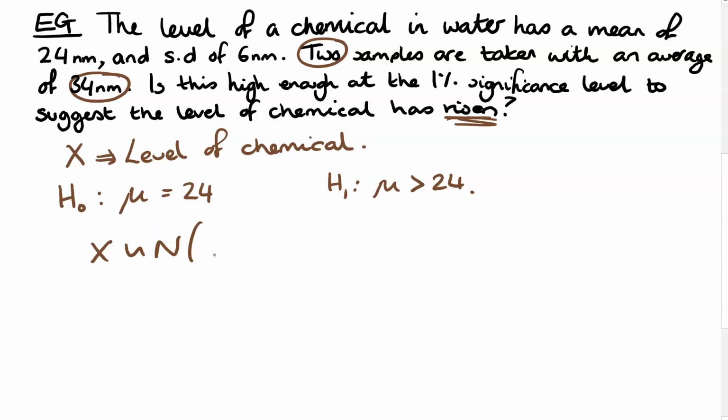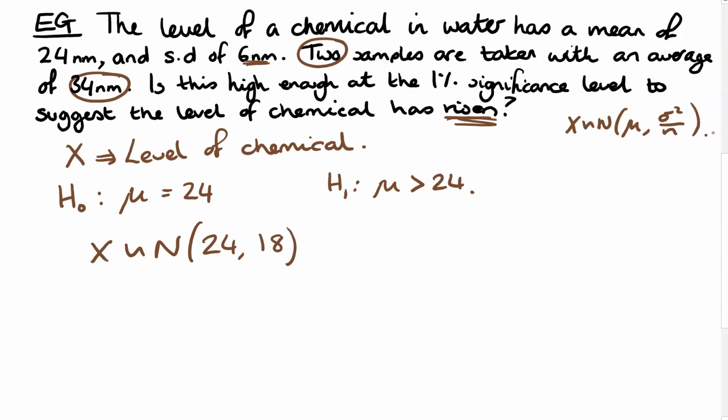We assume nothing's changed yet, so 24 is the mean, but the variance is the standard deviation 6 squared, which is 36, divided by the number of samples you're taking. So it's written as X is distributed normally with mu and sigma squared over n, where n is the number of samples.